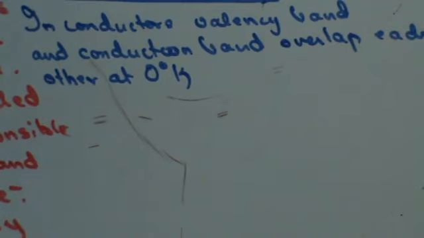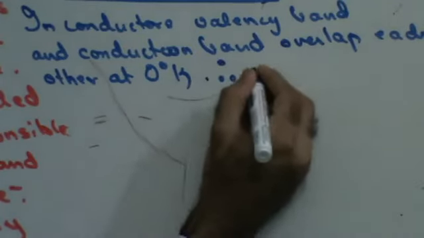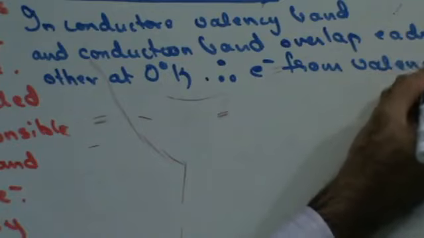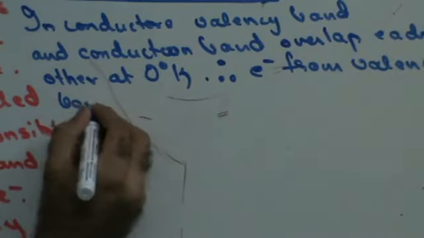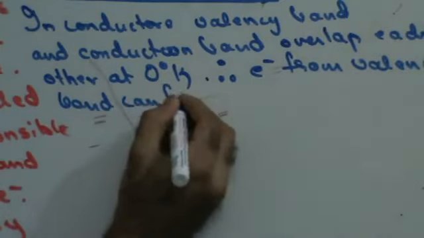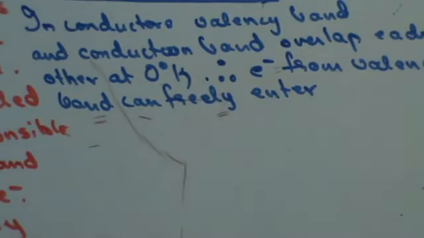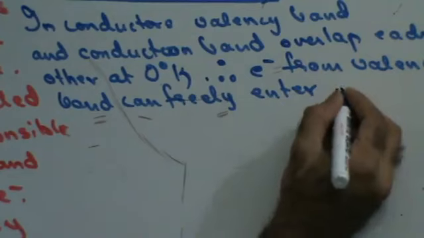Now, thus I can say that the electrons from the valency band can freely enter into the conduction band. Therefore, electrons from valency band can freely enter into conduction band.